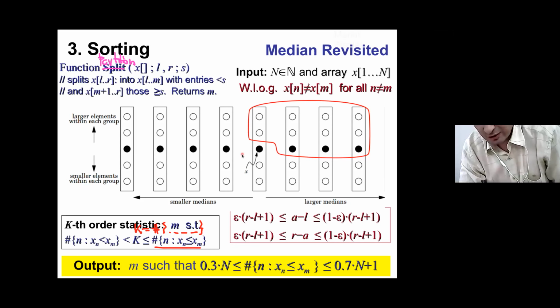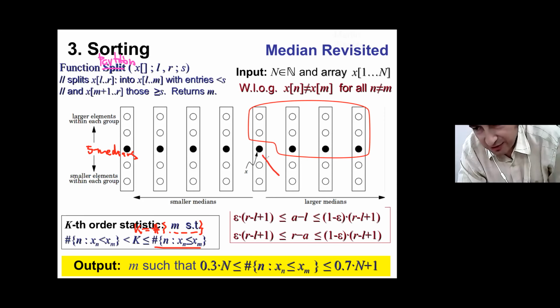So assume that you have this median of medians. These are the medians here. These are the 5 medians. And this is the median of the 5 medians.